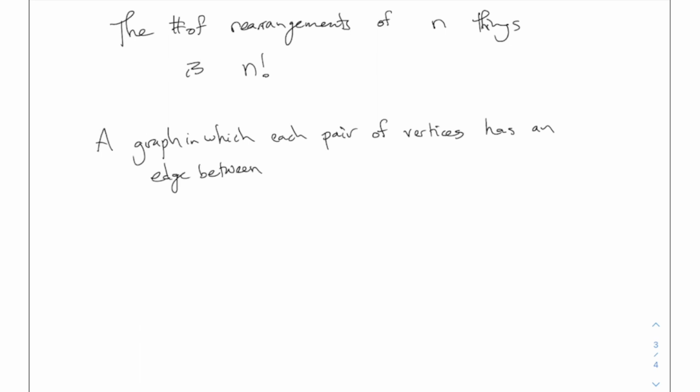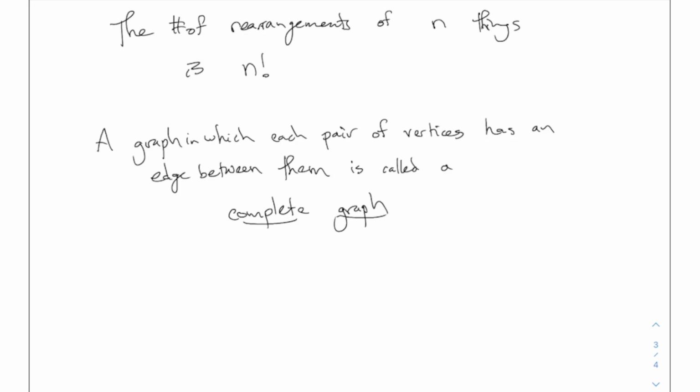This means the graph has all the possible edges. There are no edges left out of the graph. Every edge which you might want in there is actually in there. A graph in which each pair of vertices has an edge between them is called a complete graph.